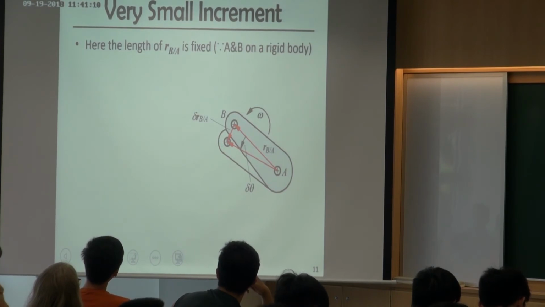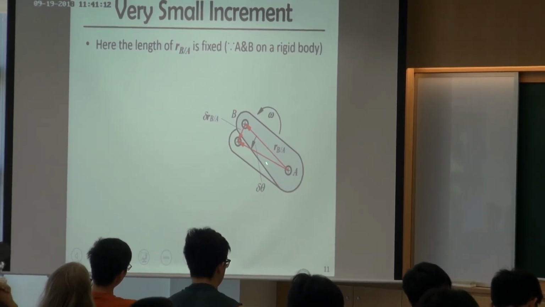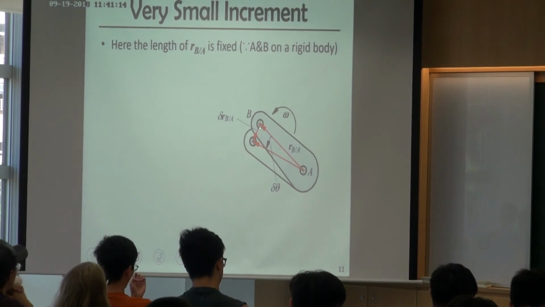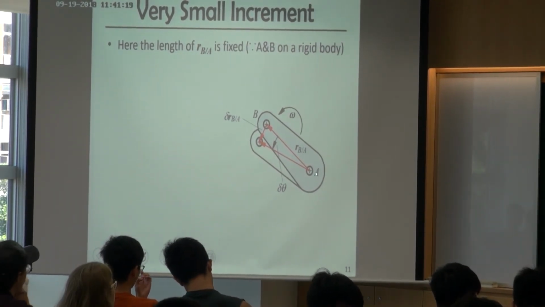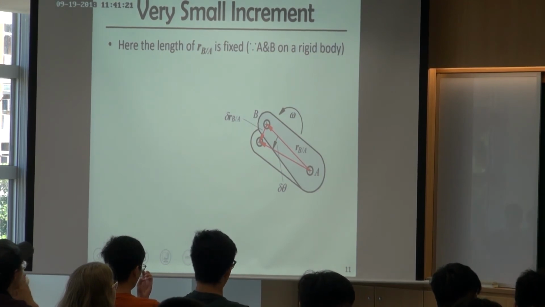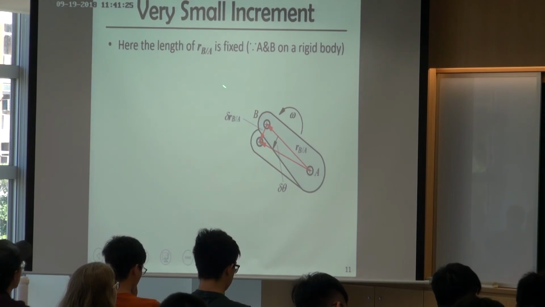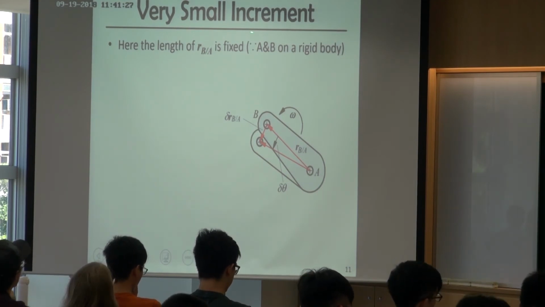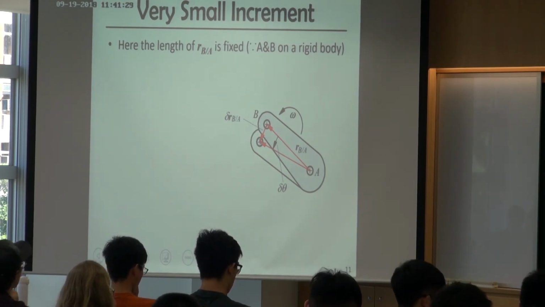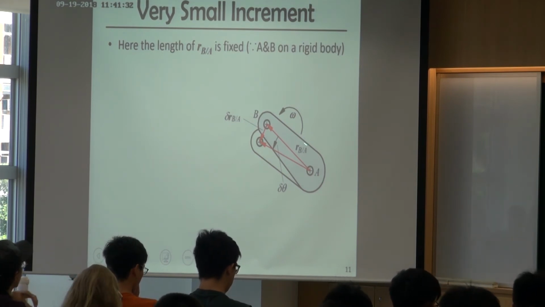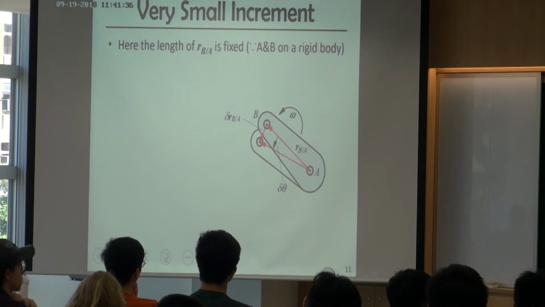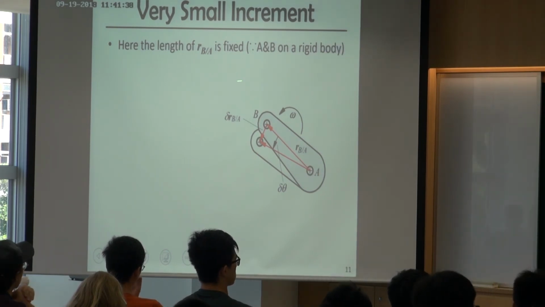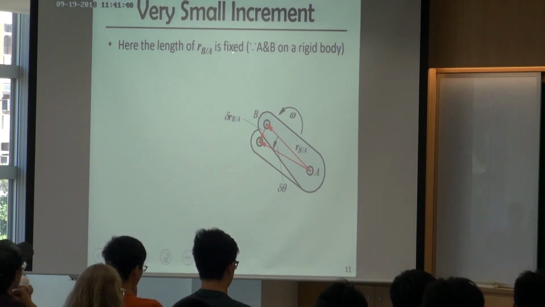Okay, so remember we said this link is a rigid body. So that means the distance between point A and B will never change. It's fixed. It's not compressible, it's not stretchable. So assume there's a very small increment of time, and this link somehow moves a little bit. Just remember here we consider the case where the length of RBA is fixed.